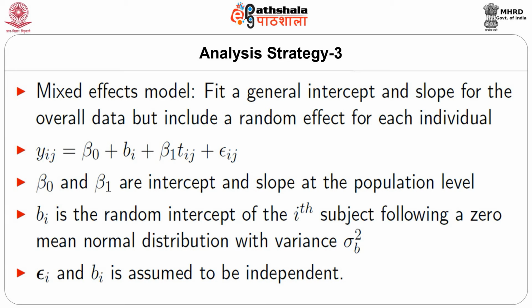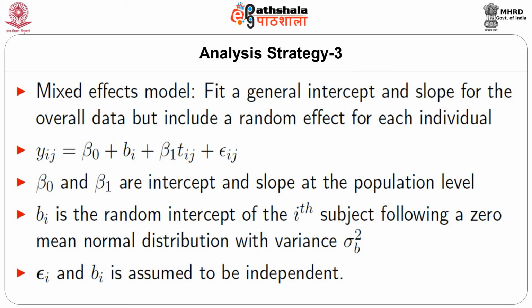So basically we can say that Yij is equal to beta naught plus Bi plus beta 1 Tij plus epsilon ij, where beta naught is the intercept of the population, or the general intercept. Bi is a subject specific random effect for the ith subject, and beta 1 Tij is the slope associated with the population level. Epsilon ij is the random error.